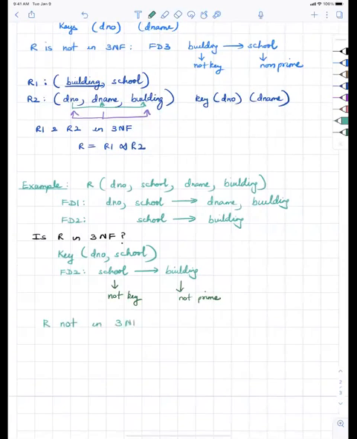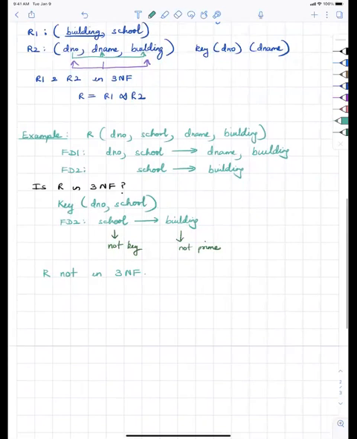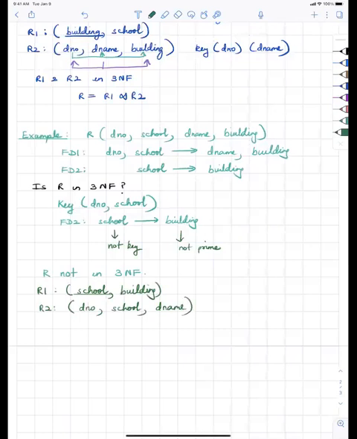So we have to divide it into third normal form. So again, you pick up FD2, which violates. So you have R1, school, building. And in this case, school is the key. And then you have R2, where you have to bring down school, and in this case, D number and school together are the functional dependencies.